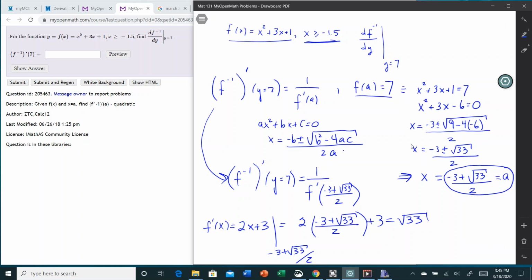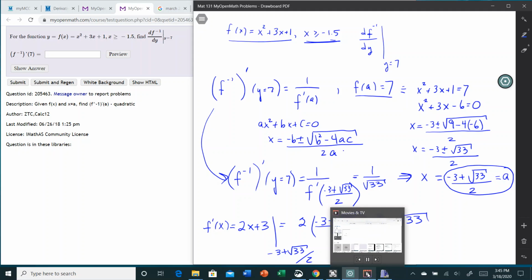It's going to be an irrational number. So what we have here will just be 1 over the square root of 33. So that's it for this problem. Any questions? Let me know.